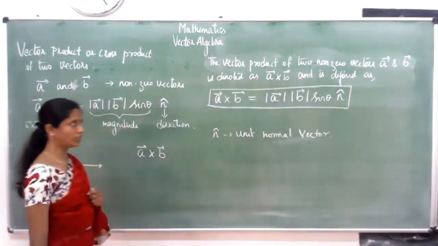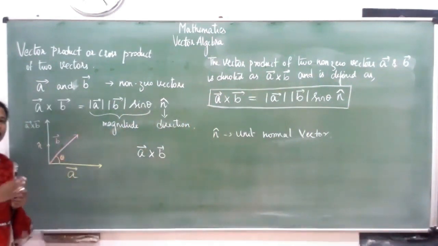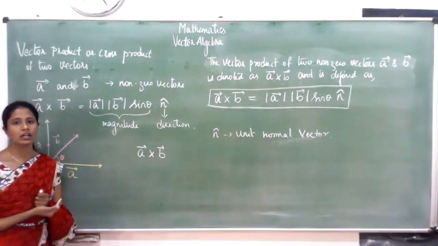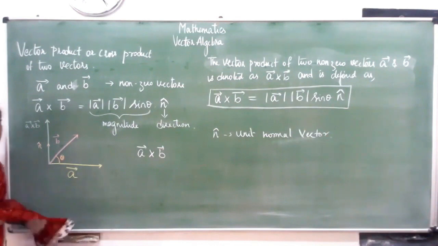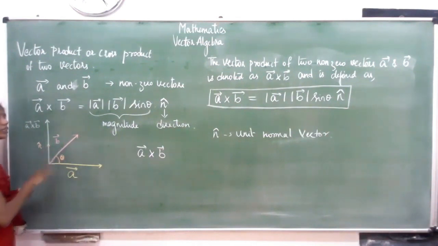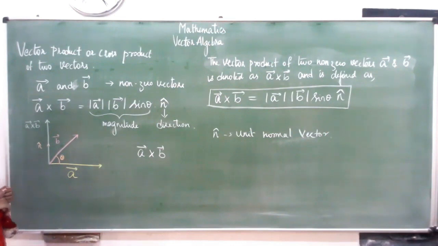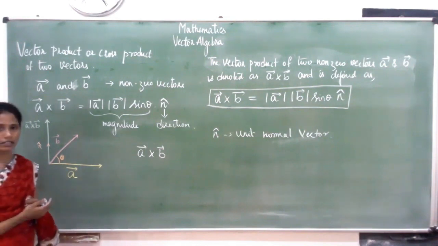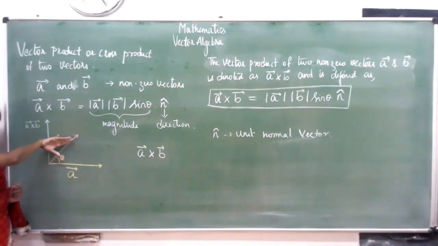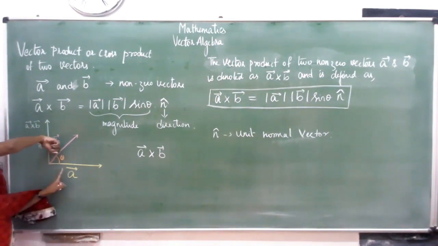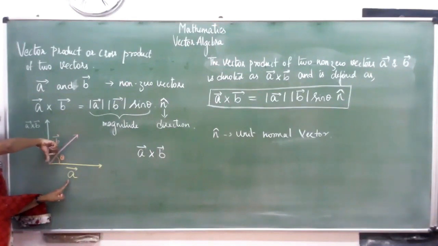Now, with this only, I told that in order to find the direction, we use the right hand thumb rule. So when we are using the right hand thumb rule, in case I take vector B as my first vector, I place my right hand on vector B. Now I take a curve, making an angle of theta, to come to vector A. So my thumb is in which direction?